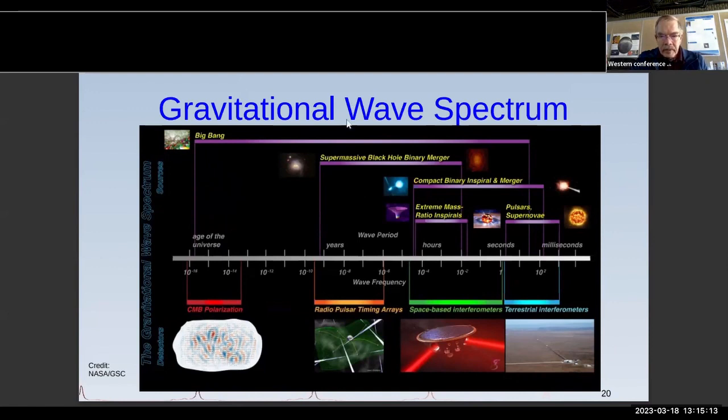Then right here is what we're looking at. So the radio pulsar timing arrays are working in the nanohertz frequency, which makes the period on the order of many months to many years, dozens of years. So this is the area we're looking at here.